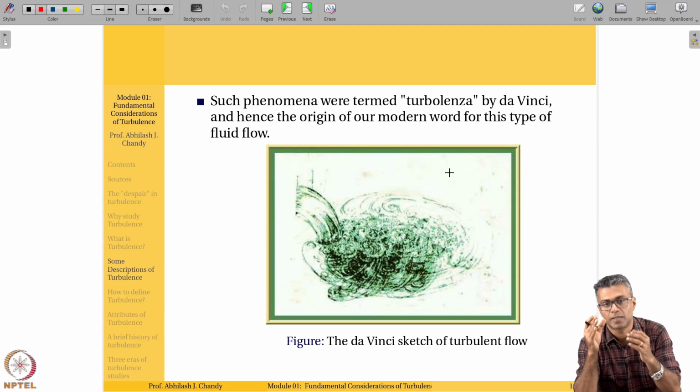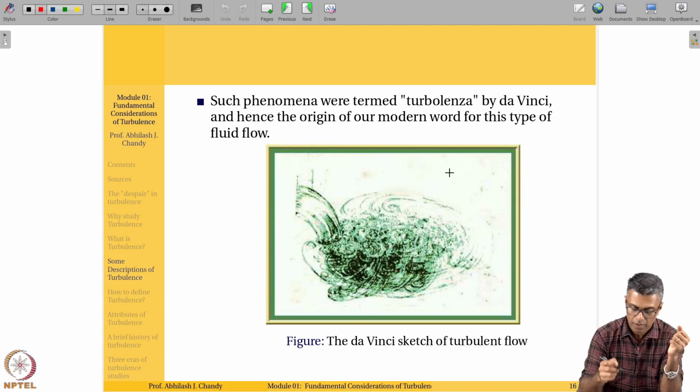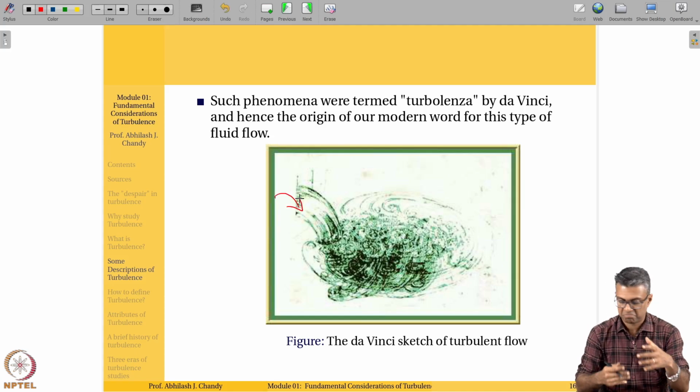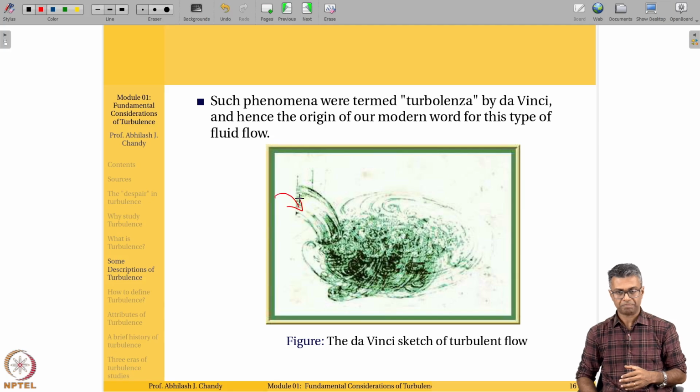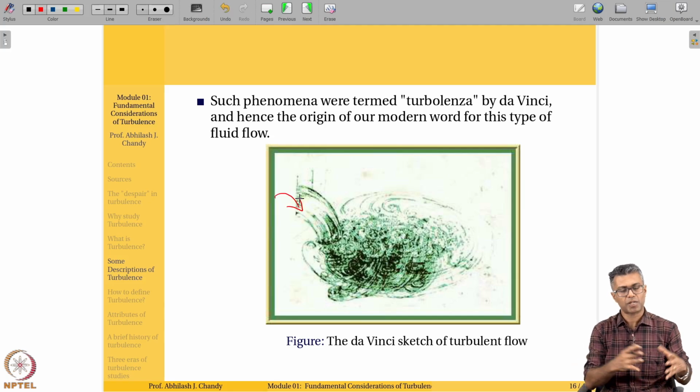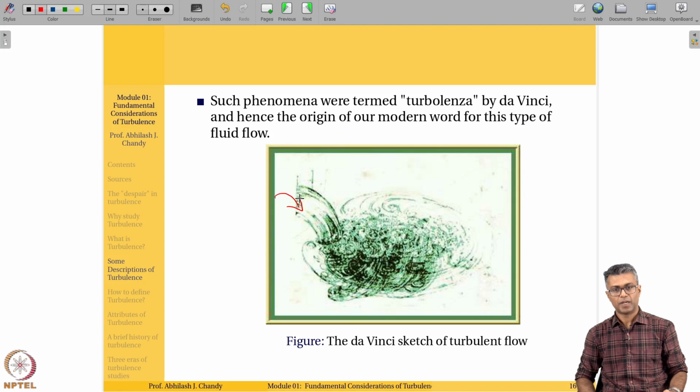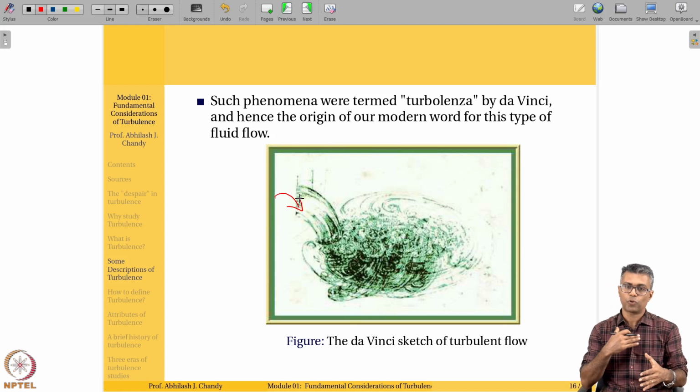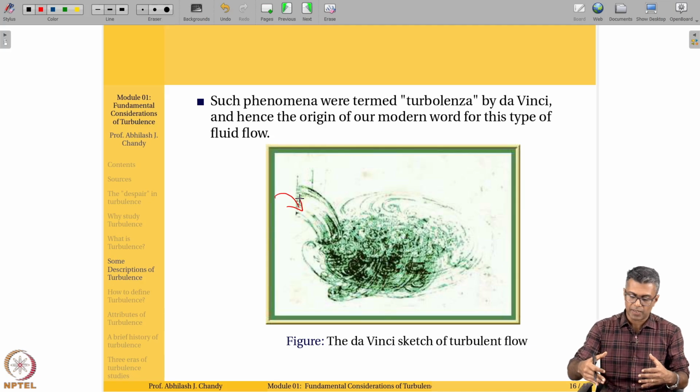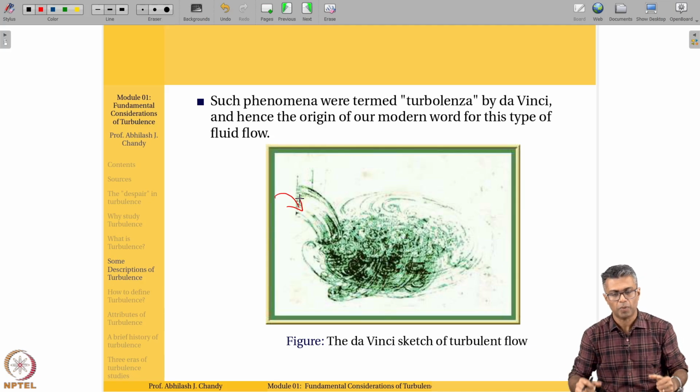And what has he actually drawn here? It looks like water is gushing out from some kind of nozzle, we can call it a nozzle, but from some kind of a tap. It's flowing into a container, and the water is flowing so vigorously that it is getting mixed in that container so much.